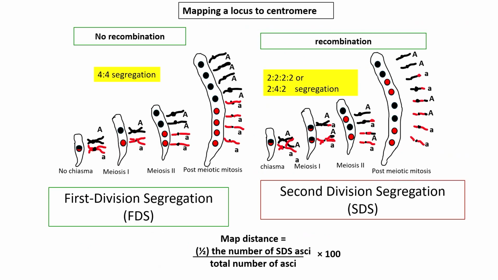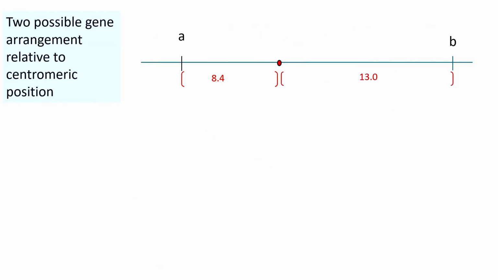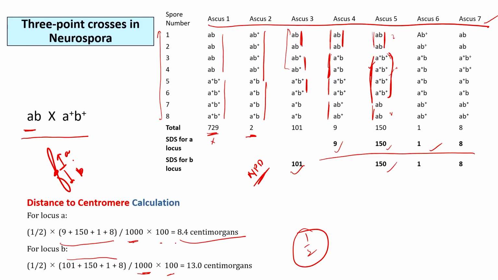Remember, in the formula I showed you that you have to take the total second division segregation and divide it by 2. And that is how you can get these numbers, 8.4 and 13.0 centimorgan.